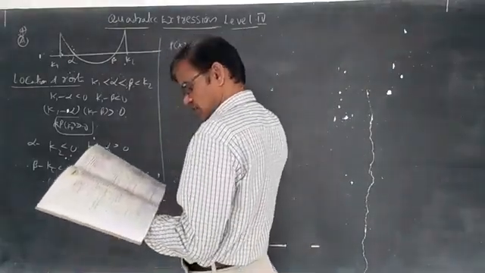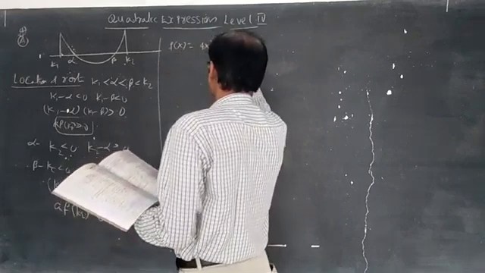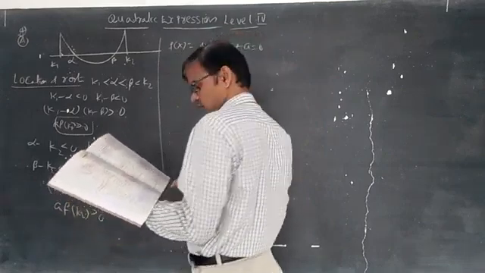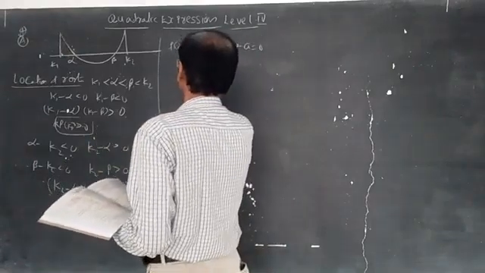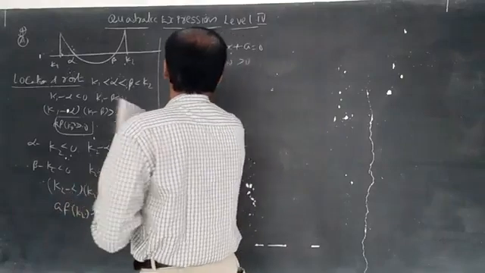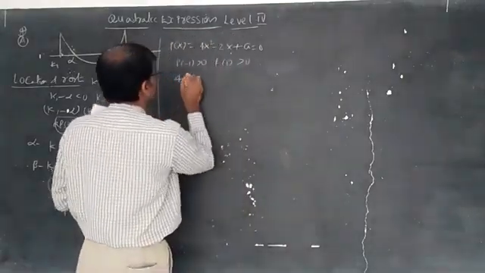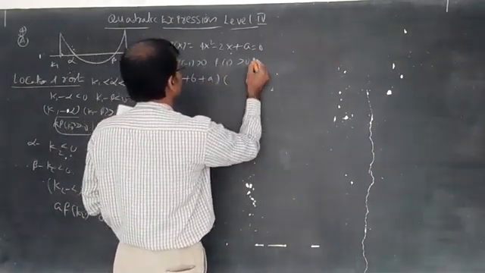f of x is 4x square minus 2x plus a equal to 0, a belongs to R. Then you can understand f of minus 1 greater than 0, f of 2 greater than 0. Substitute here: 4 plus 2 plus a into f of 2.